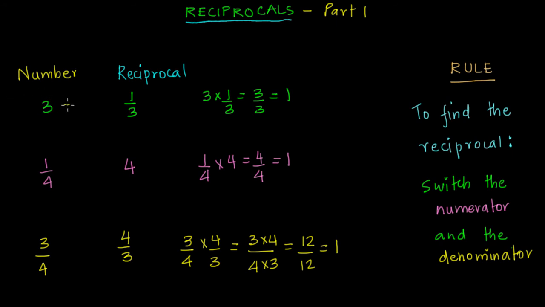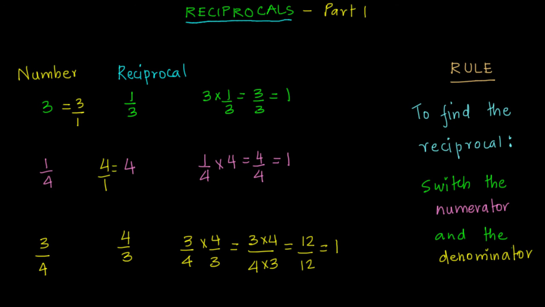So 3 is the same as 3 over 1, and the reciprocal of 3 over 1 is 1 over 3. Again, if we have 1/4, the reciprocal of 1/4, if we follow this rule, is really 4 over 1. And 4 over 1 is the same as 4.